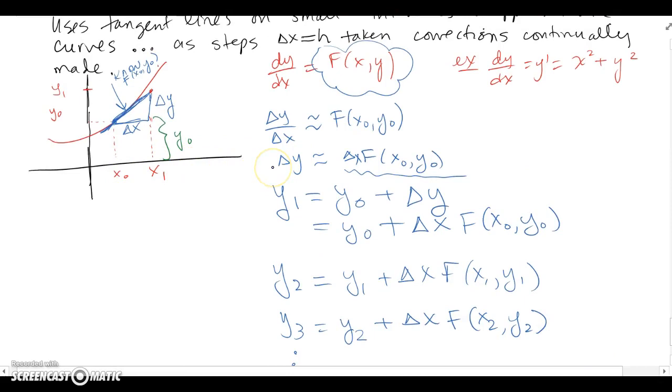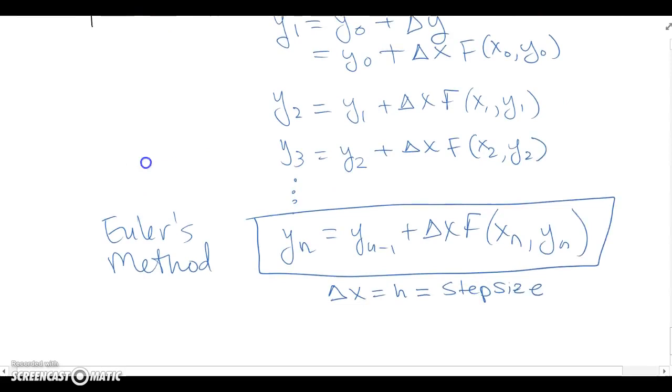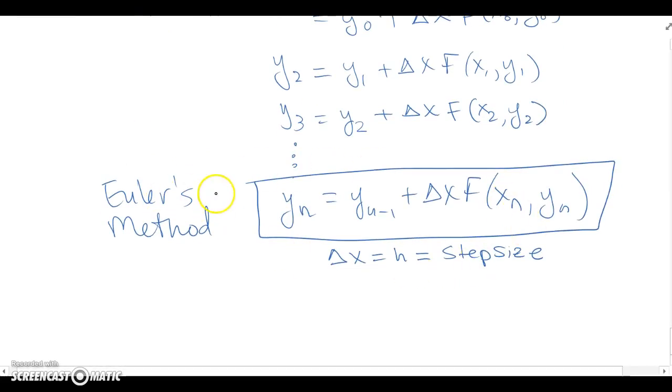If your step size is 0.1 or 0.2, even better, because you're taking mini steps, and then you have shorter line segments that are approximating your curve and trying to stay closer to it. So ultimately, our goal is to be able to use this. We know where it came from. We're going to go do an example now.